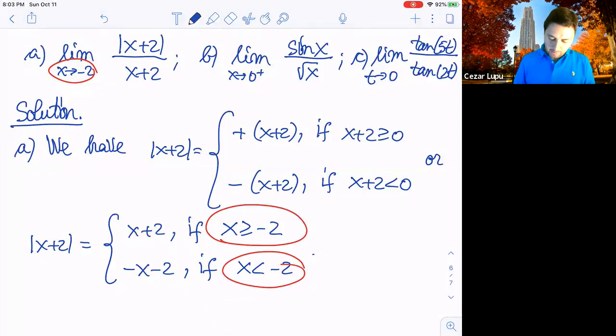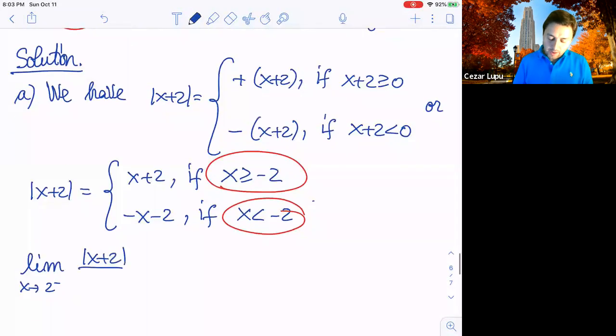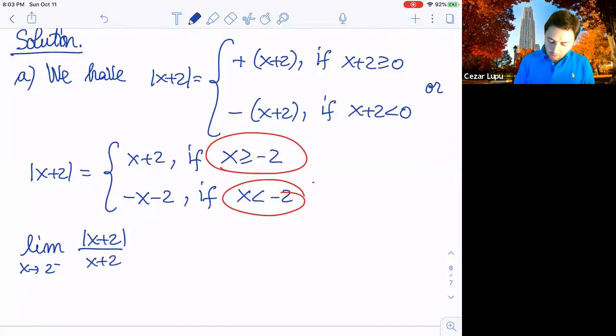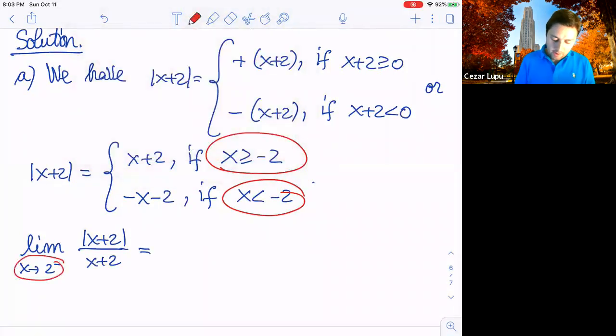So we have that the limit as x approaches -2 from the left of the absolute value of x plus 2 over x plus 2 will be, so keep in mind, let me remind you that this is nothing else than just x approaching -2, but for values less than -2.